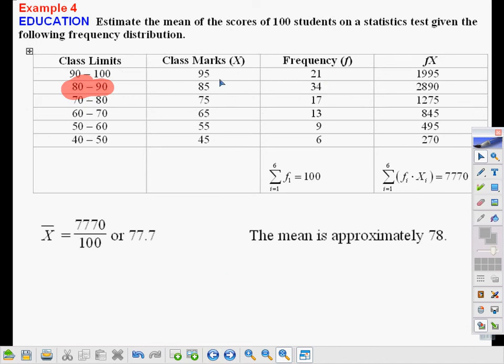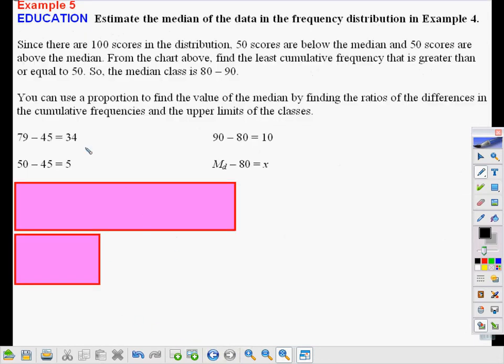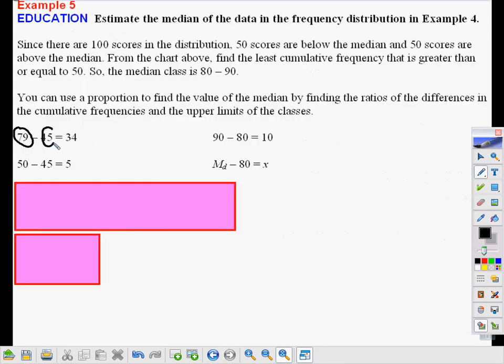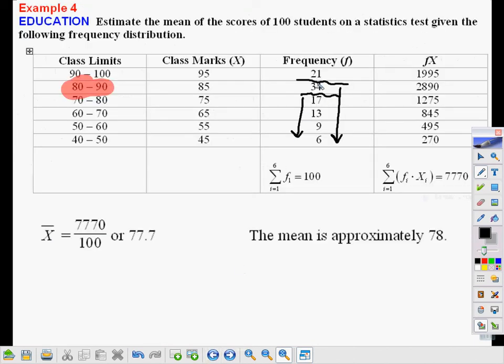So from here and below there are 79 values, okay? So that's what this value represents. And from the bottom of that class, here and below, I've got 45 values. So there are a total of 34 values in that class, which we actually see right here, okay?